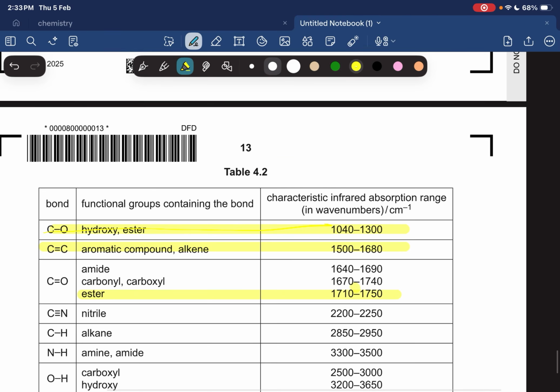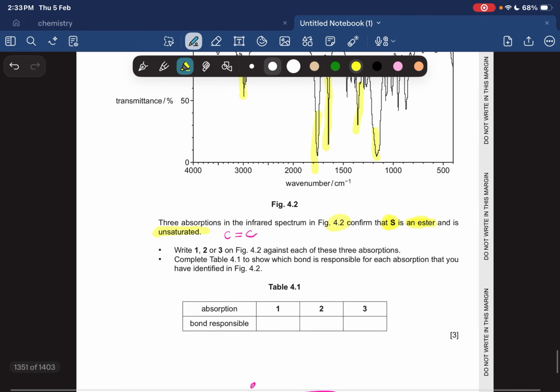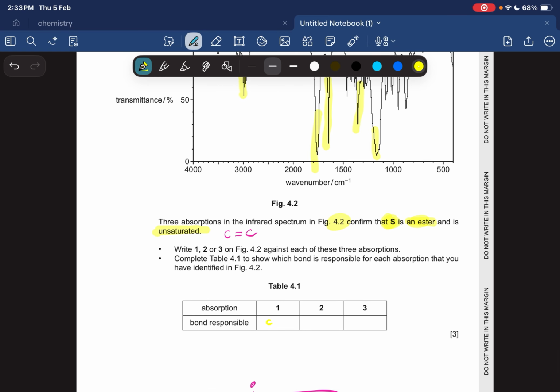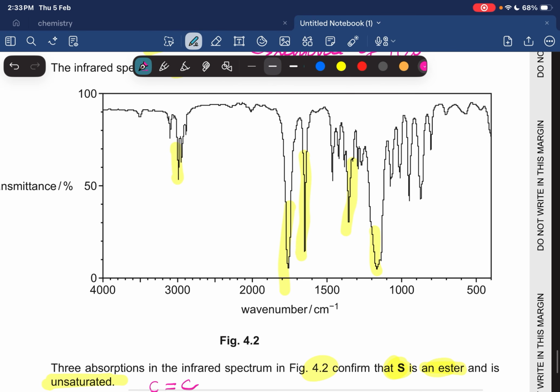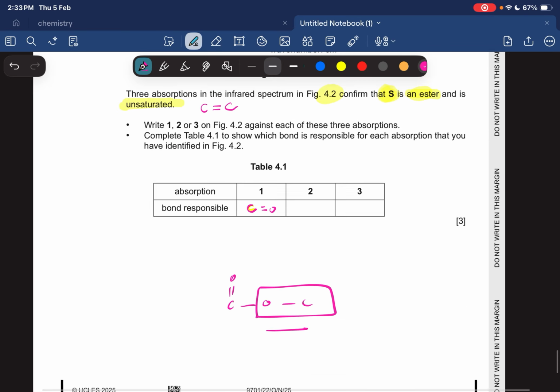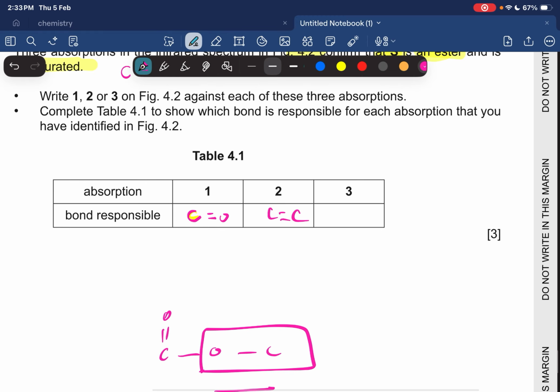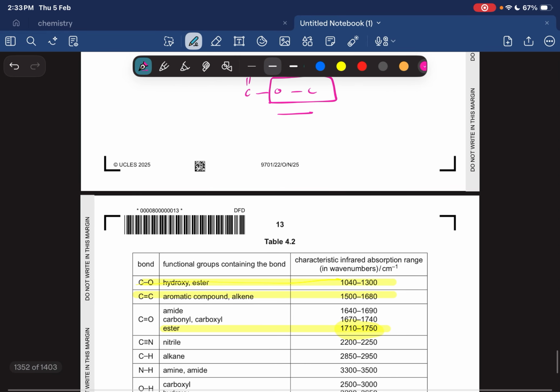For our ester, we're going to mark it between 1710 and 1750. So the first bond we write is C double bond O, where is 1750, 1500, 1600, 1700. This is 1, so I'm going to mark this 1. The second bond is C double bond C, 1500 to 1680.